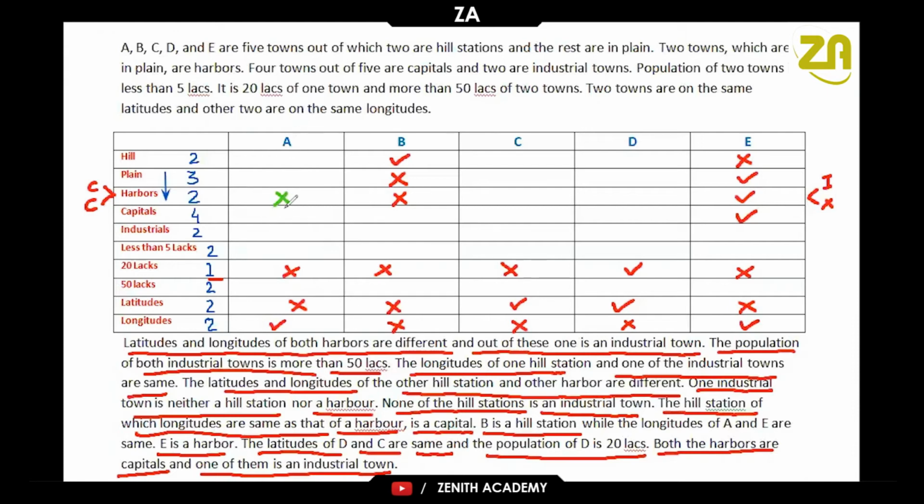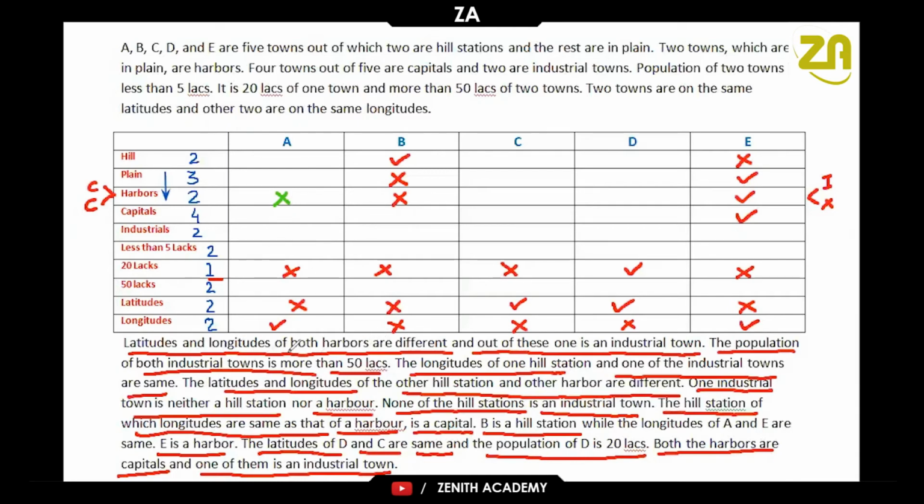Because if A is a harbor, then in that condition, town A and town E longitude will be the same, because you decided E is a harbor, and you already know that A and E towns' longitudes are the same. So as per this condition, A cannot be a harbor. Correct?